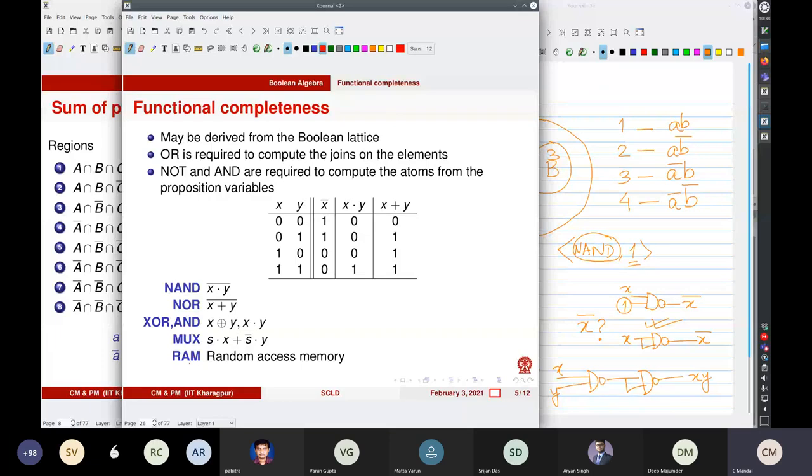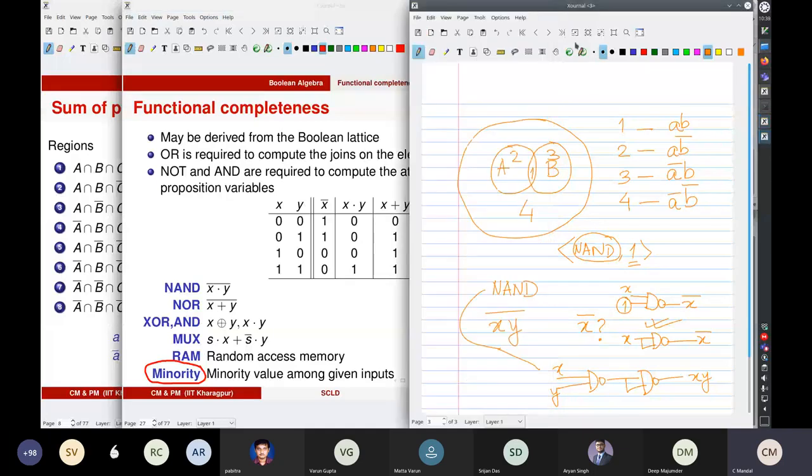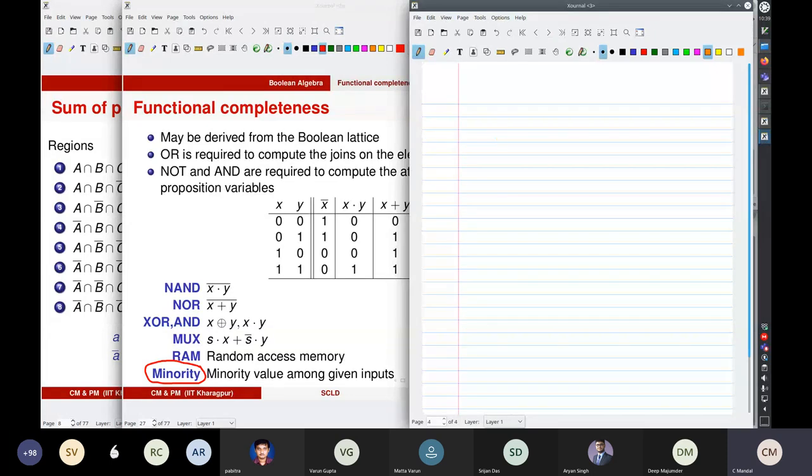Up to that I have covered. The minority function I leave to you as an exercise. We will put it in the assignments that you'll have to do.